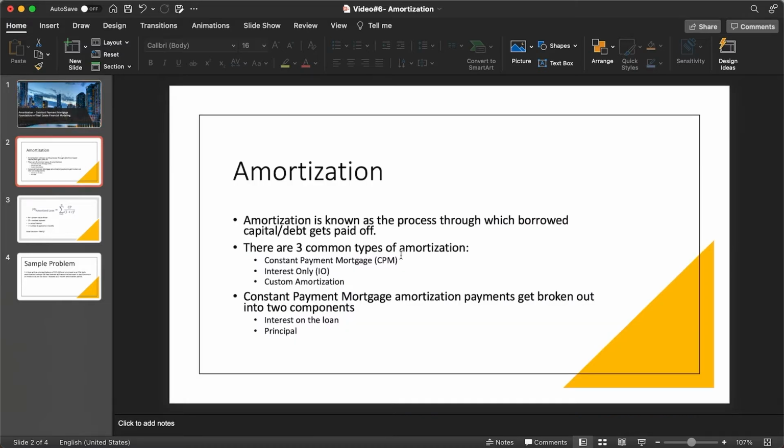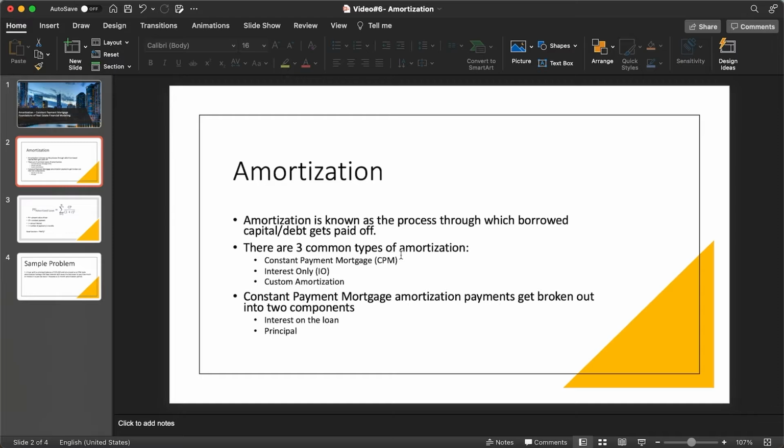So amortization is basically the process through which a loan gets paid off. So that will be your borrowed capital from a bank. The most common way of doing this is through the constant payment mortgage.